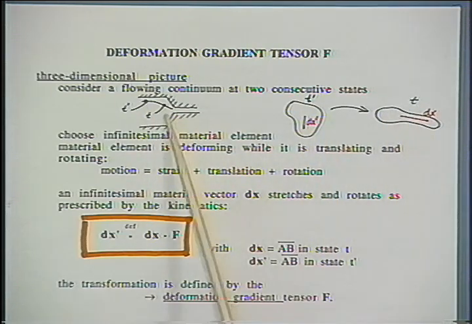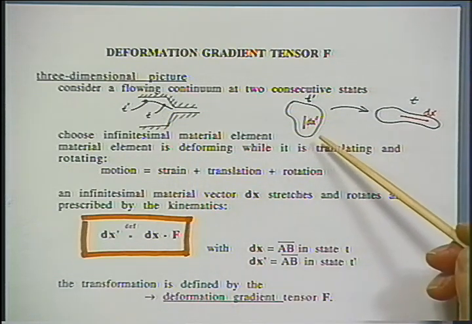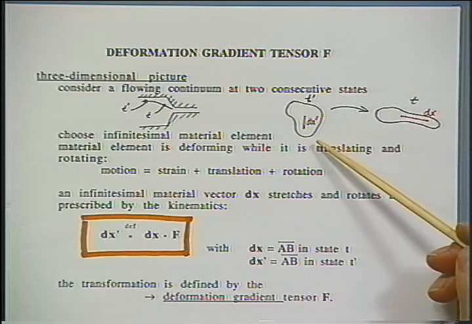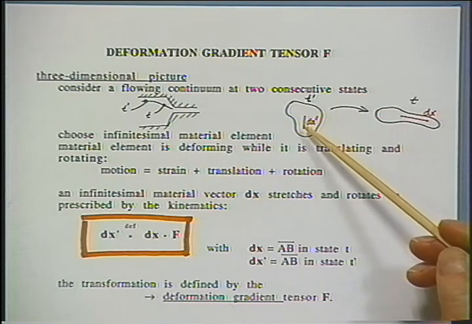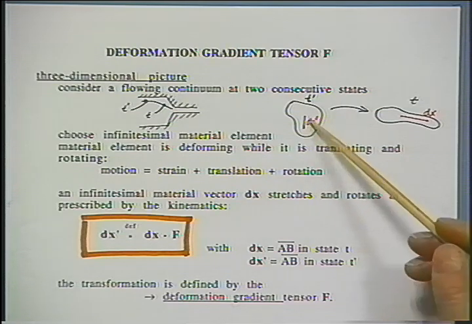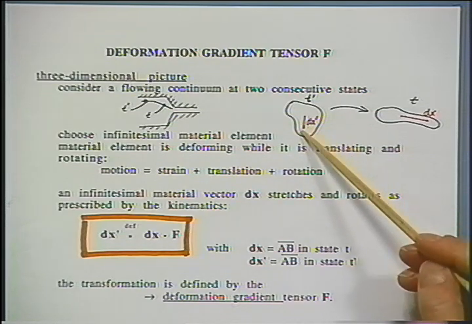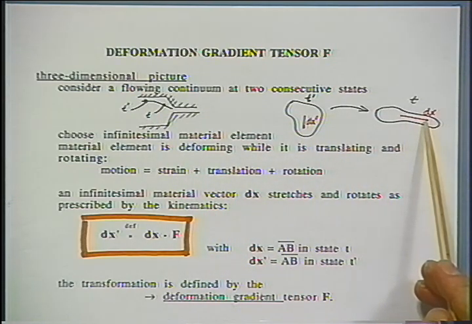And t then at some later state. And again, the deformation will be described now with a material line, an infinitesimal material line, because we talk about an inhomogeneous flow. So an infinitesimal material line, dx prime at the early state and dx at the later state.